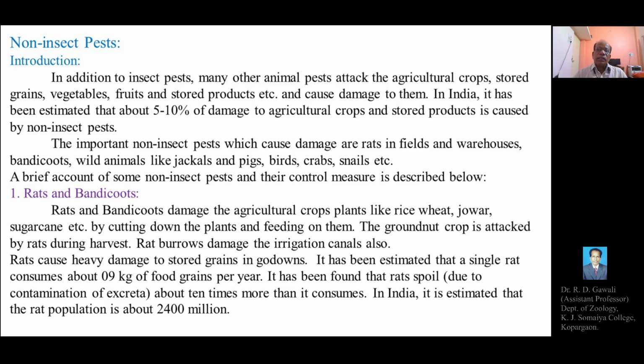In India, it is estimated that the rat population is about 2,400 million. Thus, rats and bandicoots are of great economic importance as far as the loss or damage to the crops in the field as well as in storage is concerned.